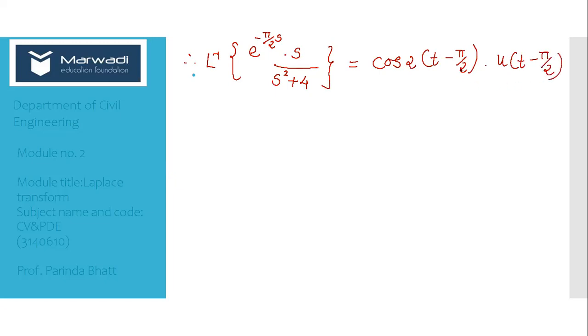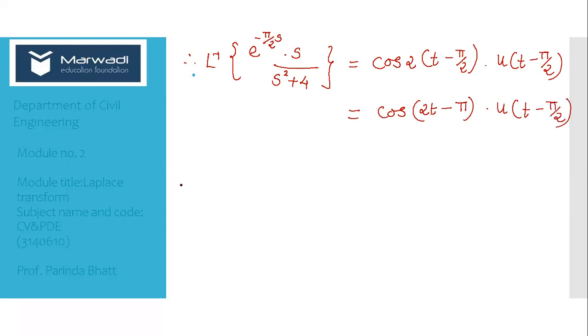This is the answer, but pi by 2 is the known angle. Therefore, here more simplified steps are required. Cos, this 2 multiply inside. Therefore, 2t minus pi by 2 into 2, the 2 cancels. Therefore, u of t minus pi by 2.